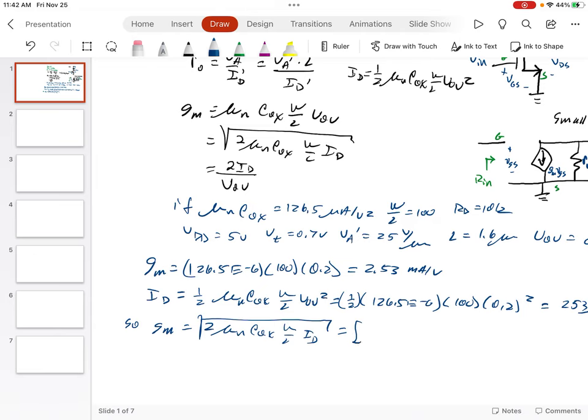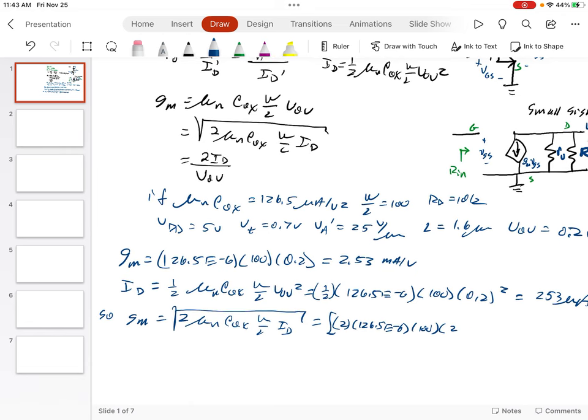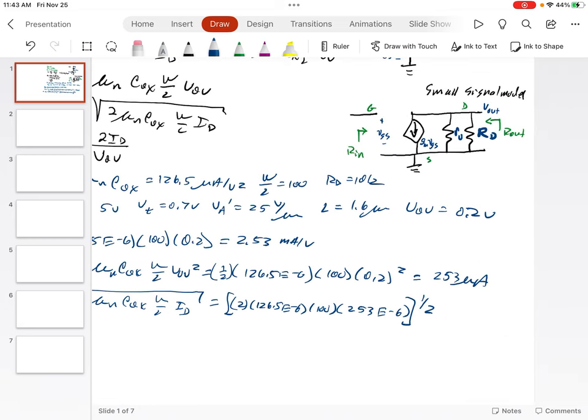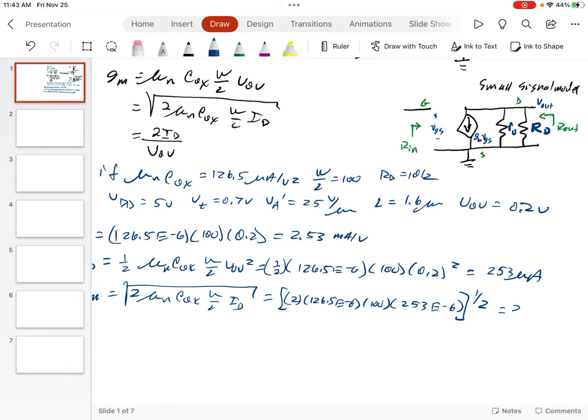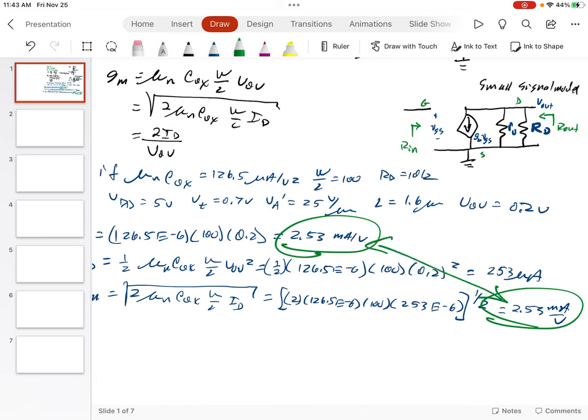That equals 2 times 126.5 e to the minus 6 times 100 times 253 microamps, all to the 1/2. And if we crunch those numbers, we get 2.53 milliamps per volt. Exactly the same result that we got here, right? So that's good, that's reassuring. We got the same result.